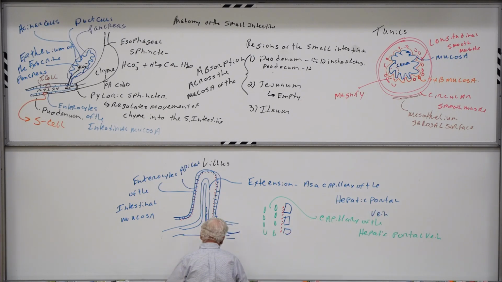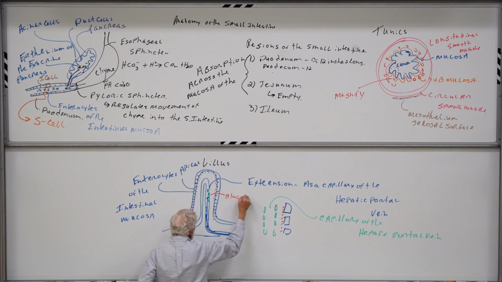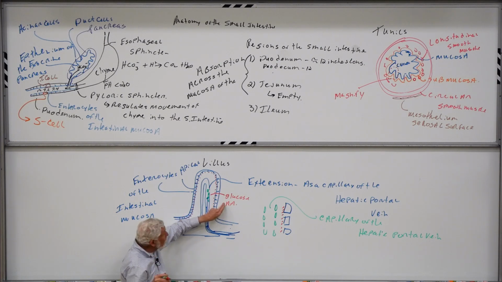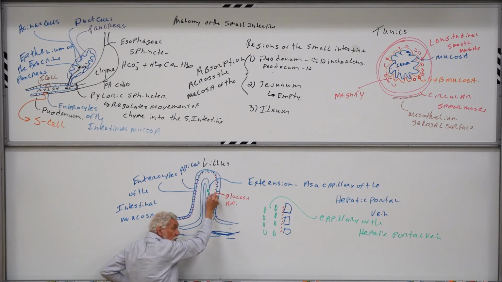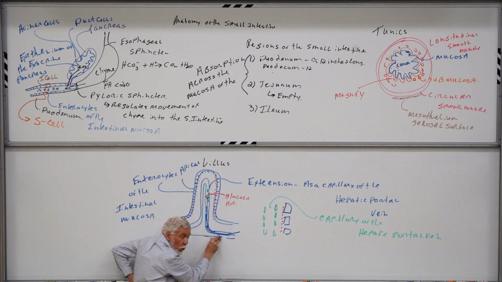So the blood is going to flow in through these tubes, and the endothelial cells are now strategically located so that the movement of glucose and amino acids, which are the final breakdown products of starch, disaccharides, and proteins, these water-soluble molecules can move across the epithelium into the extracellular space and now into the blood vascular compartment of the portal vein.